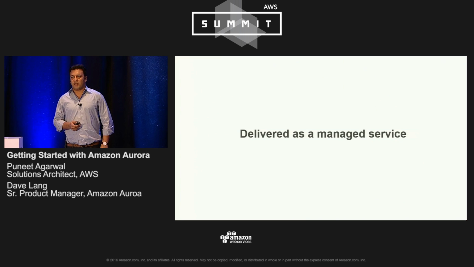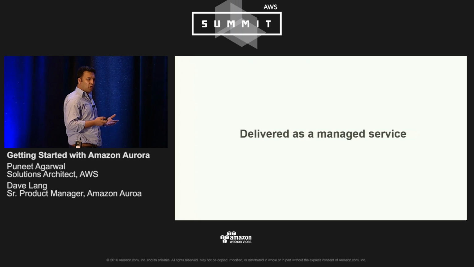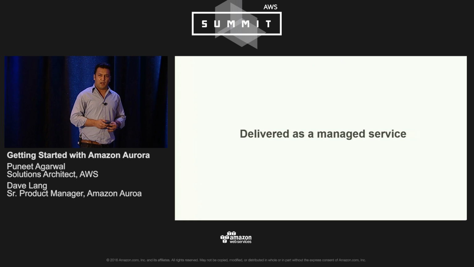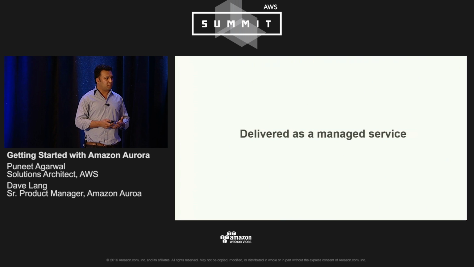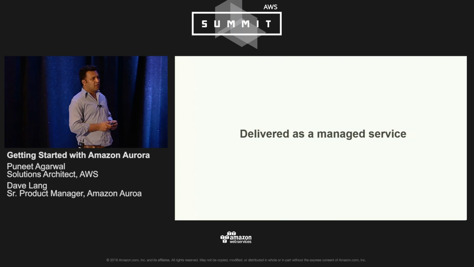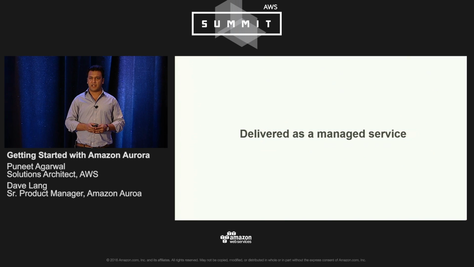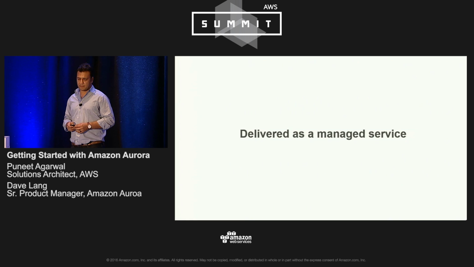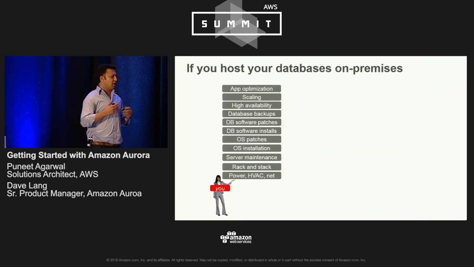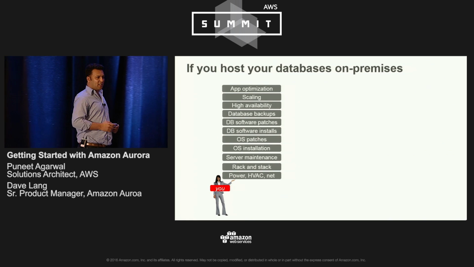So I just mentioned Aurora is offered as a managed service, but what does that really mean? Aurora is offered as a database engine on our RDS platform, which stands for Relational Database Service. And if you haven't used RDS before, I'll give you a quick idea of what that service does. So let's say you have a database in your own data center.